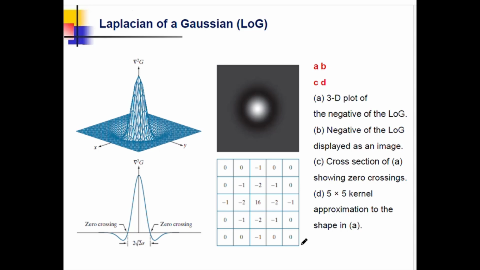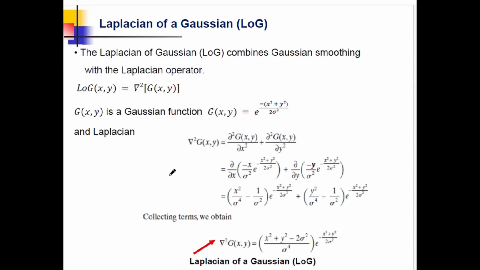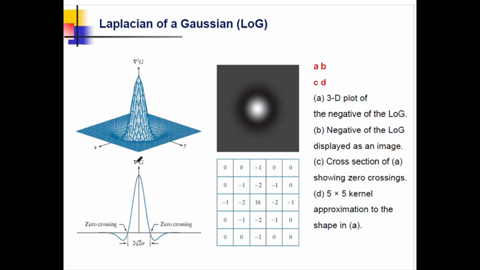If you generate a mask for that equation, this will be the kernel, a 5 by 5 kernel approximation. This is the plot of the negative of LOG, del square G. If you go for the positive, then this peak will become a dip. Then here is the negative of the LOG displayed as an image.